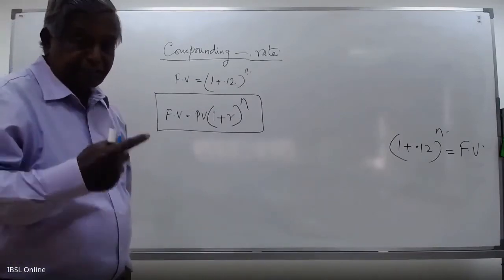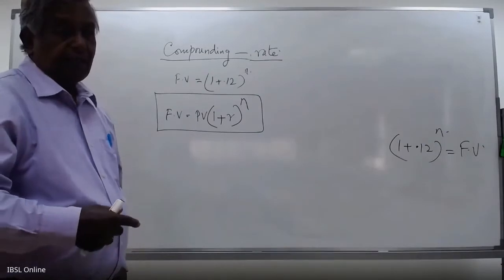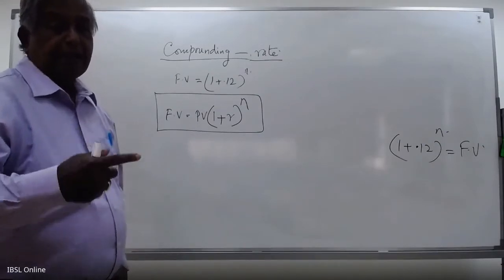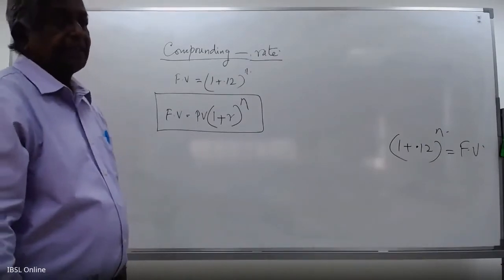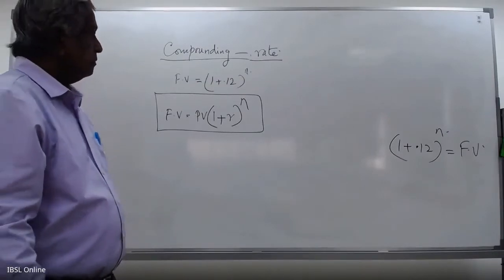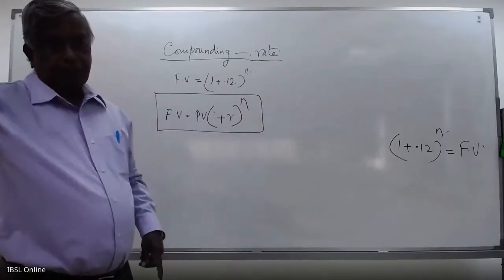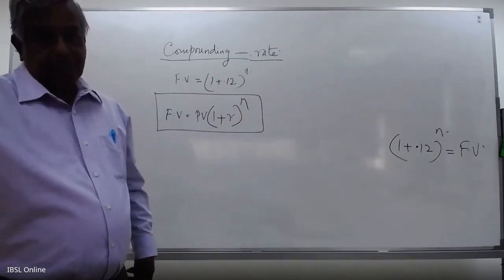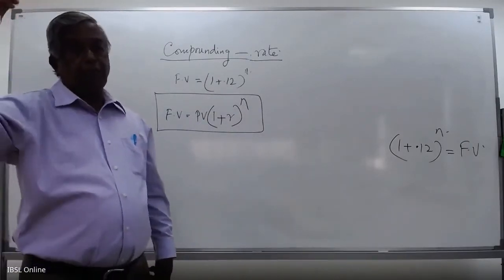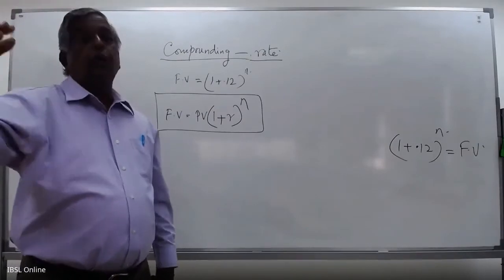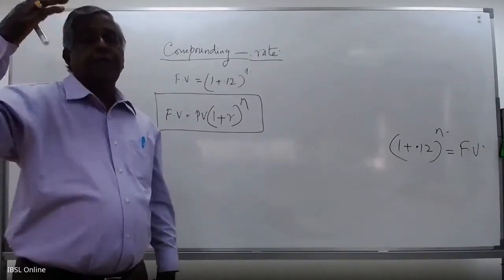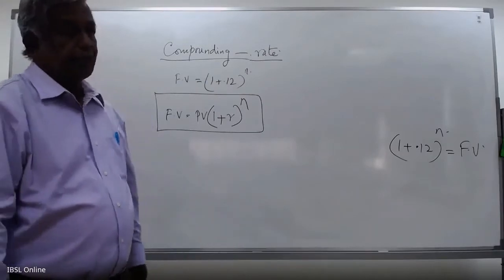N is the number of years. Maybe the end of 1 year, or 2 years, or 5 years, or 10 years. N is the number of years.